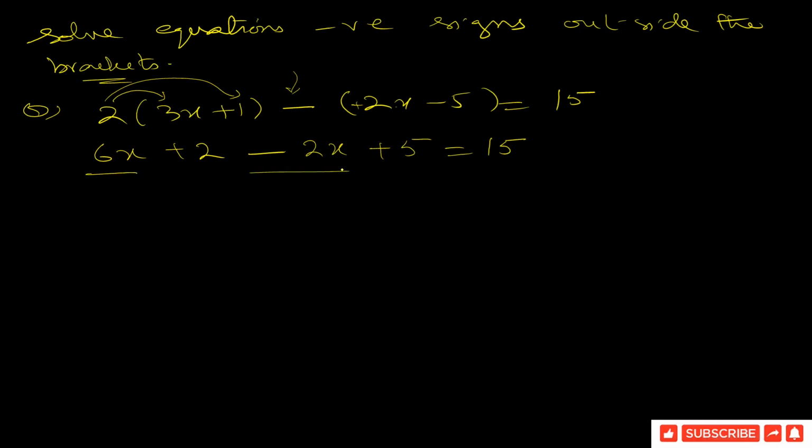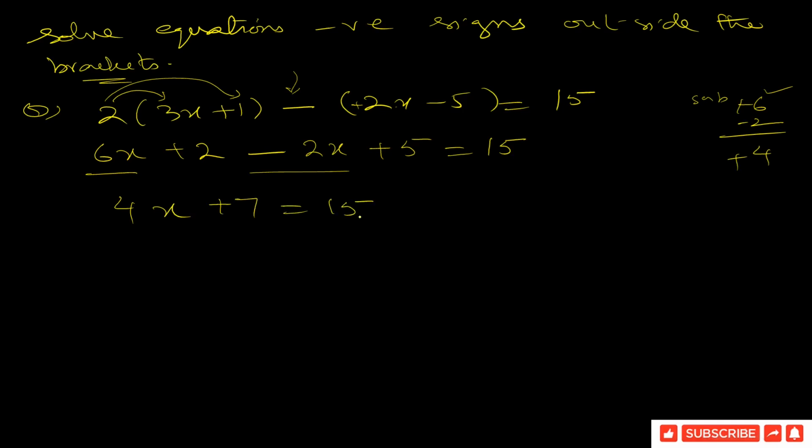Since the signs are different, it will be subtracted. So 6 minus 2 will be 4. The sign will be positive because 6 is the greater number, so its sign goes with the answer. So it will be 4x. Now 2 plus 5 is plus 7 is equal to 15.